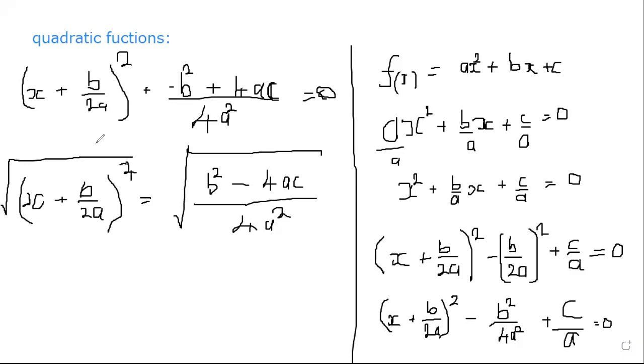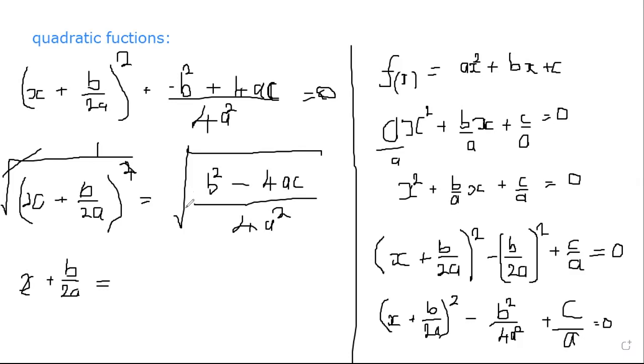So that this and that cancels. So that when we compute this, we would have x plus b over 2a is equal to, since when you square root something, whatever comes out would be both a positive and a negative number.